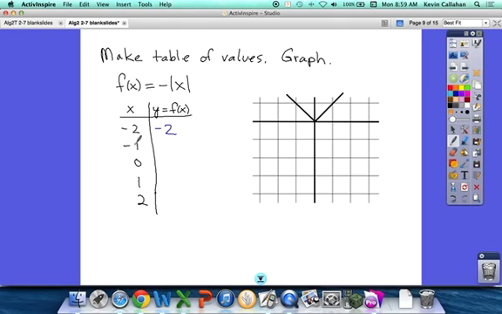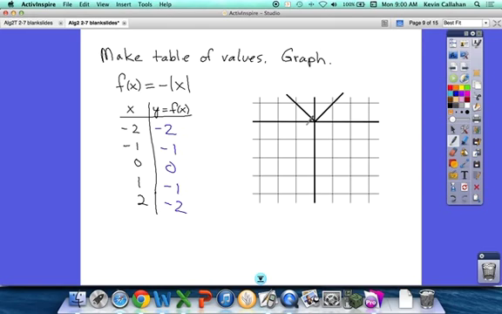So we put in negative 1, you get positive 1, and then you put the minus on it. You put in 0, you get 0. You put in positive 1, you get 1, and then you put the minus on it. Put in a 2, you get 2, put a minus on it. So there's our 5 points.